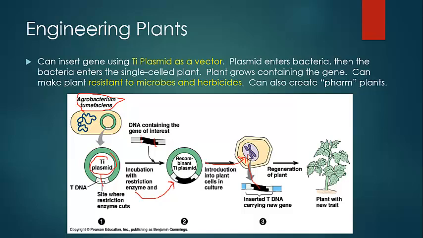So now when that plant reproduces, when those cells undergo cell division and create an adult plant, every cell inside that plant is going to contain that gene, allowing it to become resistant to insects or to bacteria or whatever trait we want that plant to express.